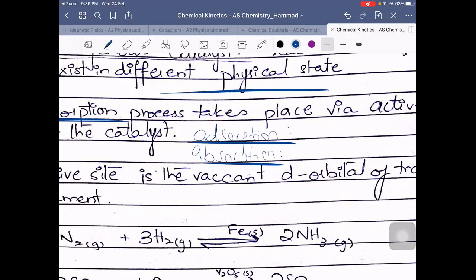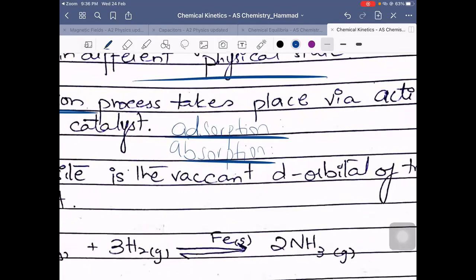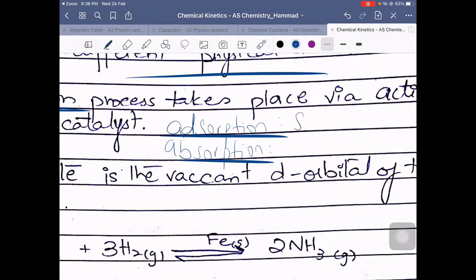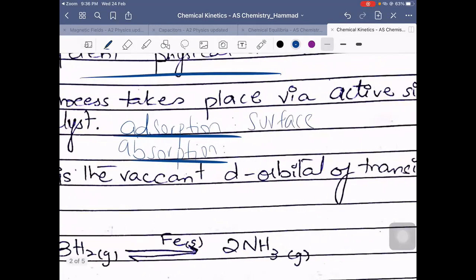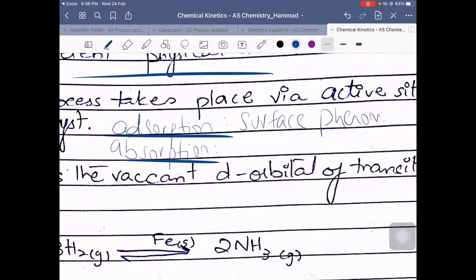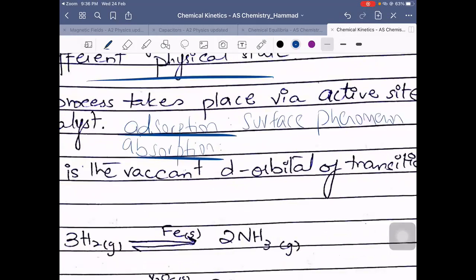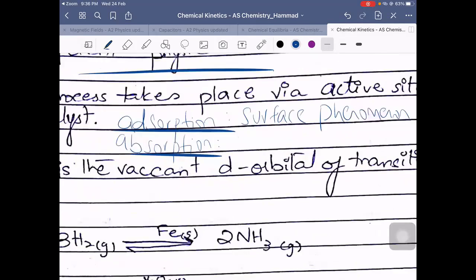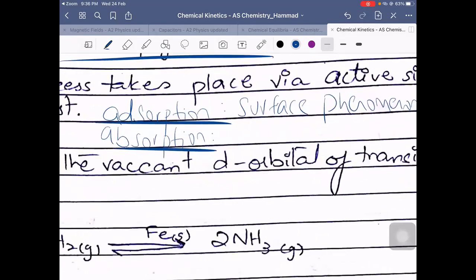Does that situation arise? Or do you witness such a scenario? No, right? So basically the wall will adsorb the water. That is, adsorption is a surface phenomenon, whereas absorption occurs throughout the material.